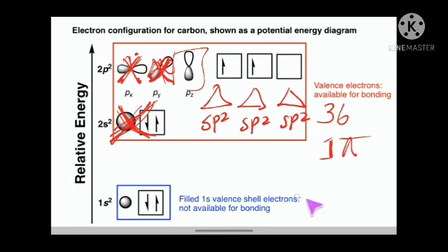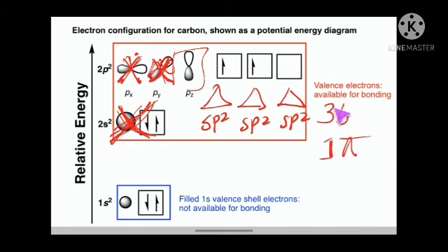Normally a pi bond only contributes itself into a double bond or triple bond, not the single bond. But a sigma bond always contributes in single bond, double bond and triple bond. When you have only a single bond between atoms, that is actually a sigma bond.